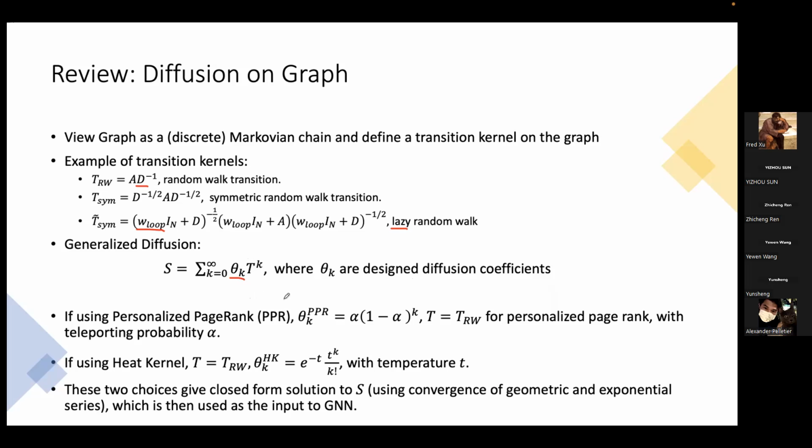Already in the network analysis literature, there exist some kernels that have very nice properties and enjoy a closed-form representation for this infinite sum. One of them is called the personalized PageRank kernel, which has this form for its diffusion coefficients and uses the random walk transition kernel.